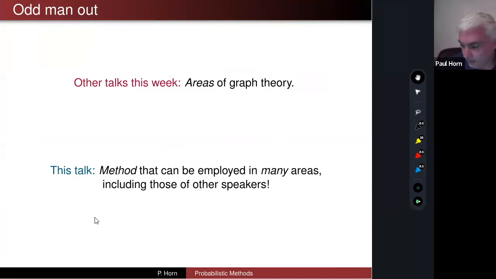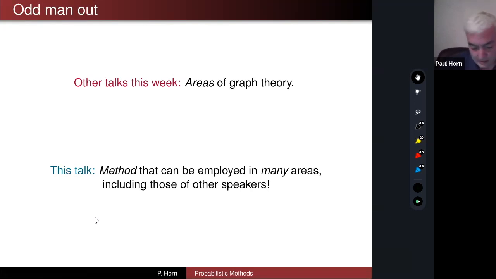Now, one thing that I'd like to say is that if you've been attending the other talks this week, if you're going to Professor Gooden's talk tomorrow, one thing that the other talks this week have in common is that they're about different areas of graph theory.